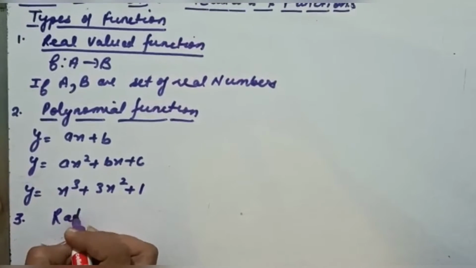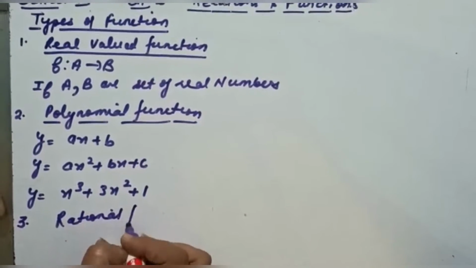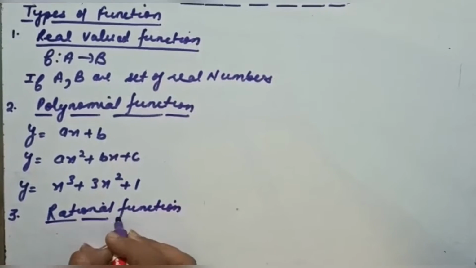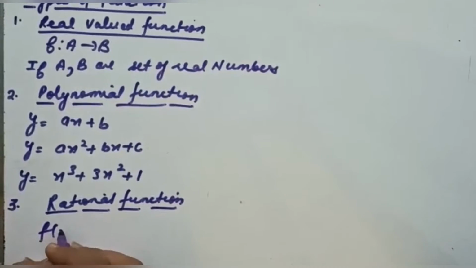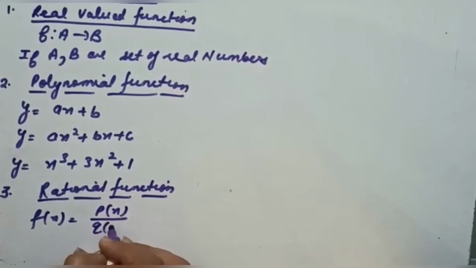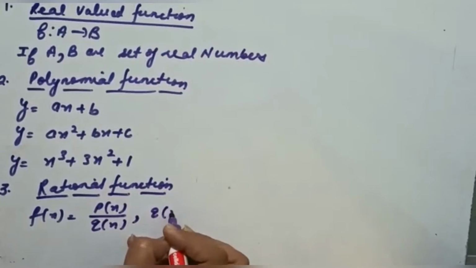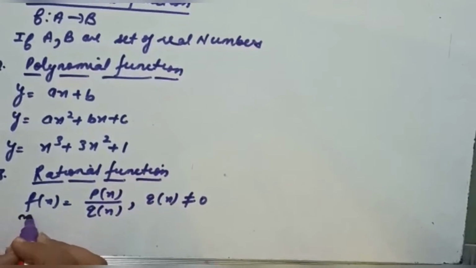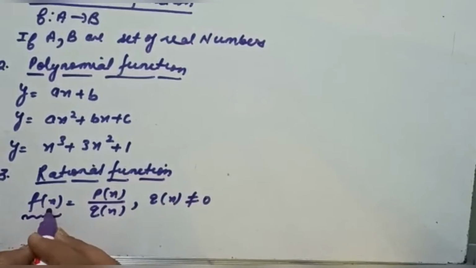Third is rational function. Rational function is any function of the form px upon qx where qx is not equal to 0. Now the function is represented by this symbol f of x.